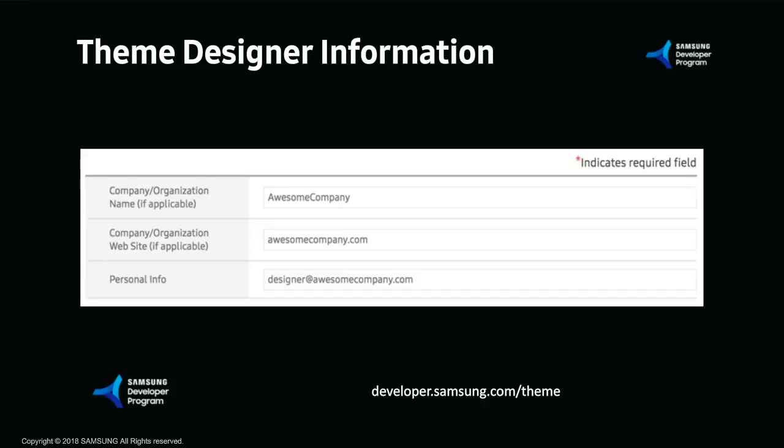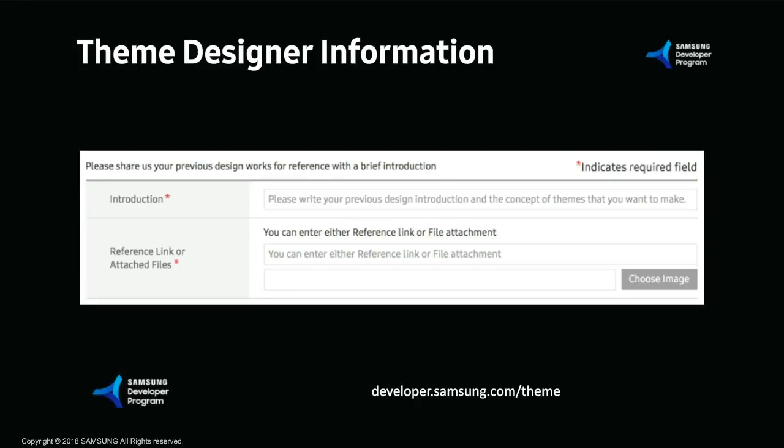On this page, the application will request some basic information about your company, or, as an individual, just provide some basic information. Also, this is a really important step. Going back to uploading your Samsung theme portfolio, in the introduction field, that's where you include the description of your theme. There's a Choose Image button, which is where you upload your theme.